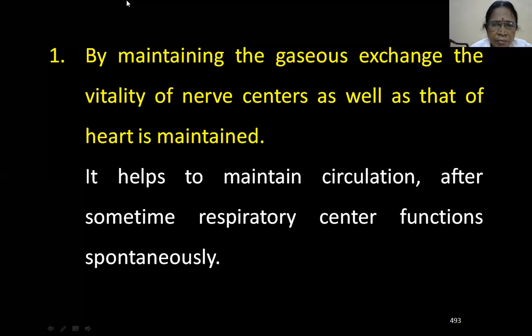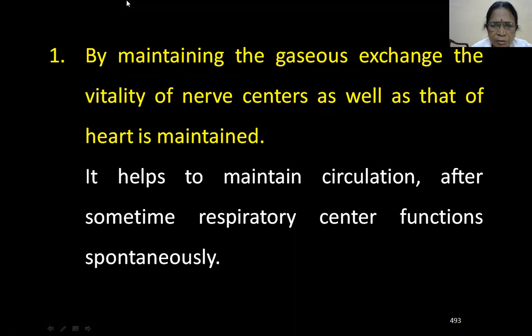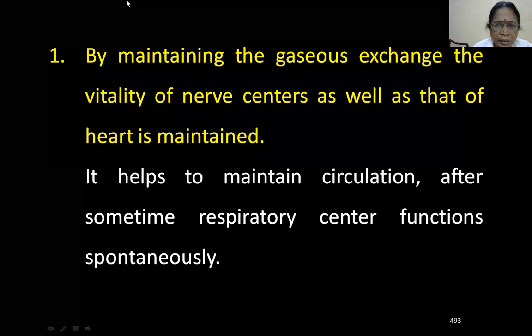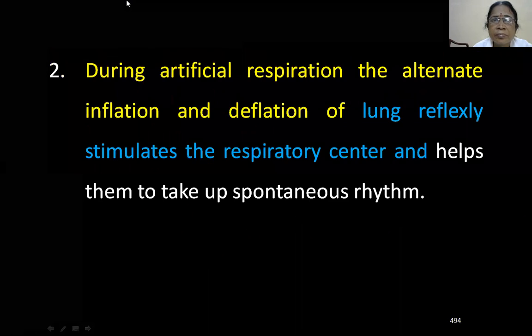When we give artificial respiration, after some time the spontaneous respiratory centers start functioning, and thereby the patient comes back to normal. Therefore, we have to see from time to time whether his normal respiratory centers are functioning normally and whether he is coming back to his normal position.